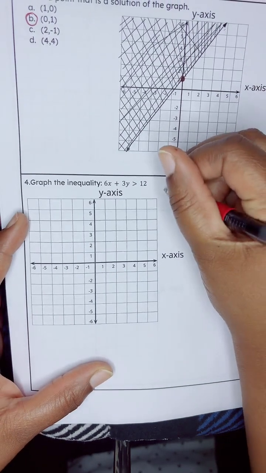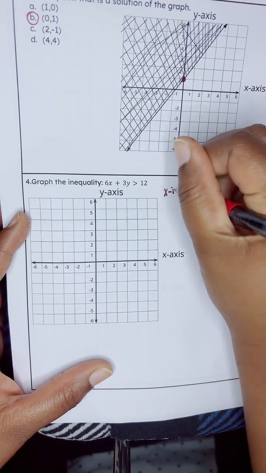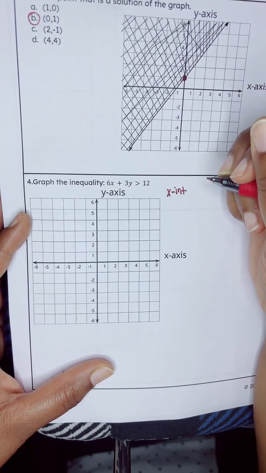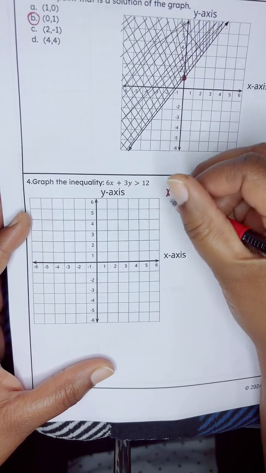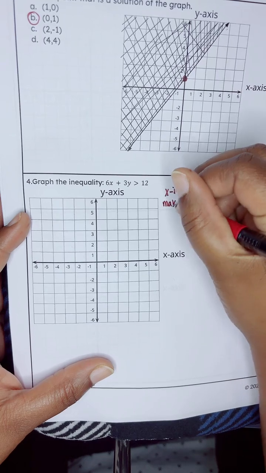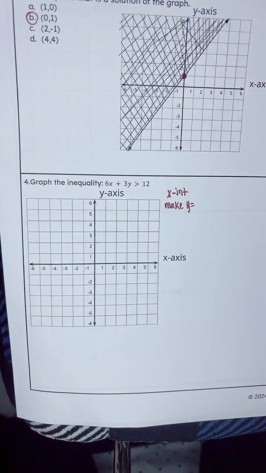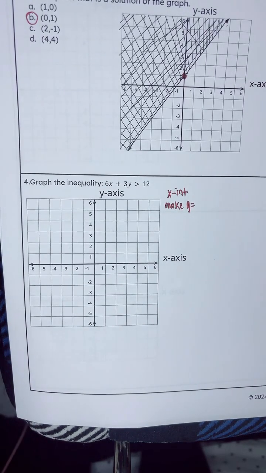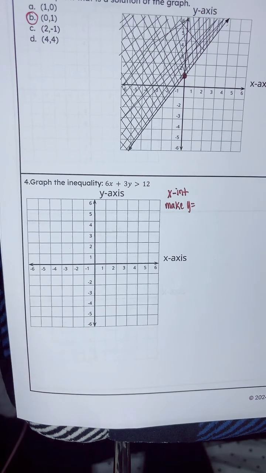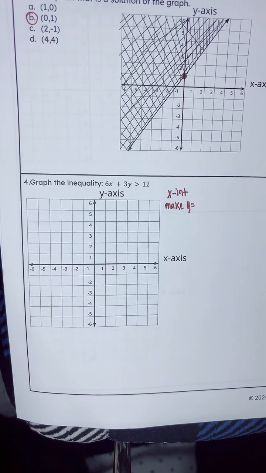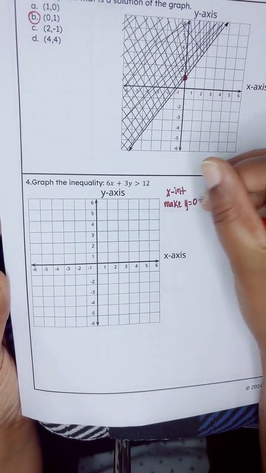Okay. So if I want to find the x-intercept, I have to make y equal to, does anybody know what I have to make y equal to? Good, 0. Yes. So we have to make y 0.